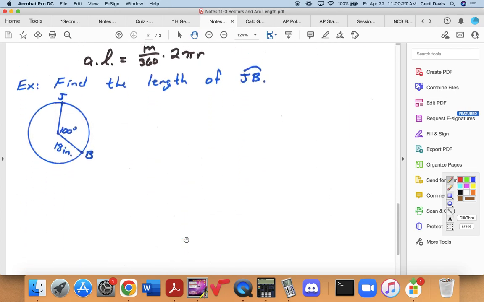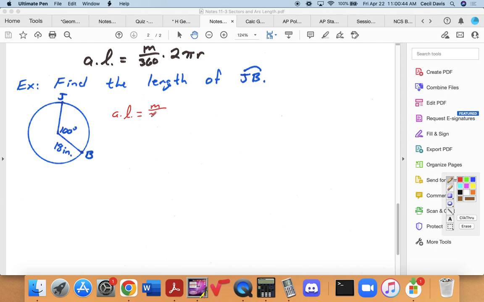So let's find the length of arc JB. So what would the measure of arc JB be? 100 degrees. 100 degrees. But the arc length is equal to m over 360 times 2 pi r. So that's going to be 100 over 360 times 2 times pi times 18.